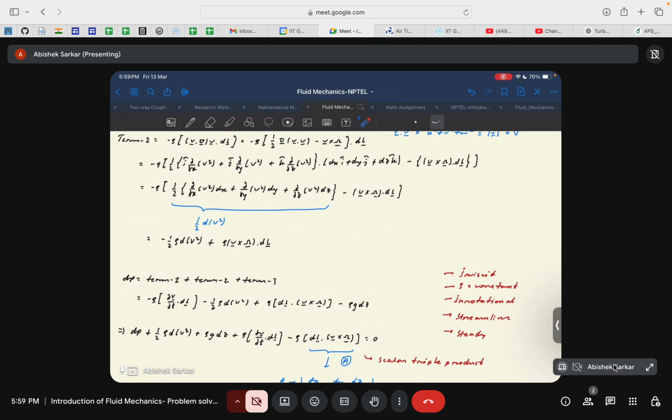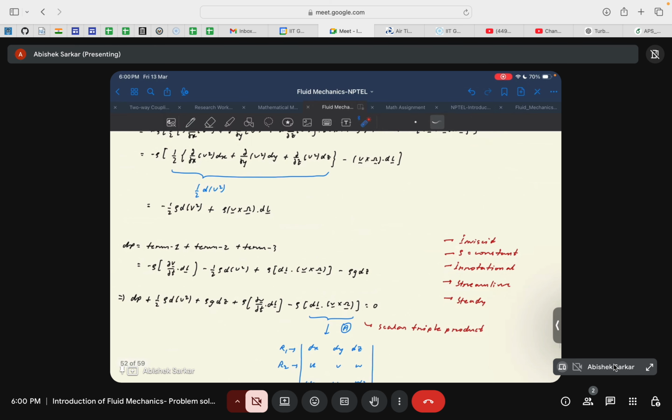Considering that v square is a function of x, y, and z, then from the expression of the complete derivative in terms of its partial derivatives, this can be simplified as half times d v square. You can easily do it, so I'm not going to repeat it. So what you're left with, the second term gives us the simplified form of the equation as minus half rho d v square plus rho times v cross omega dot dl.